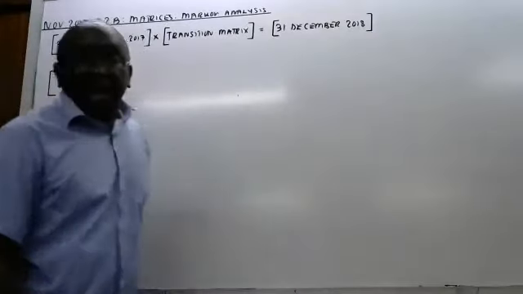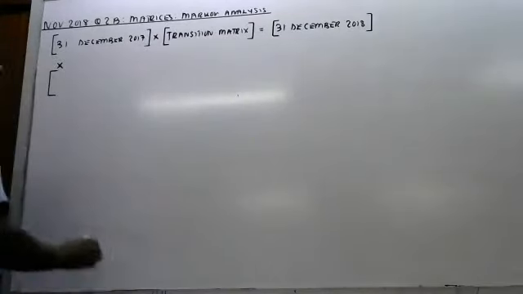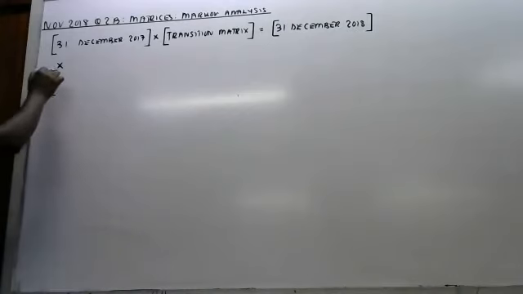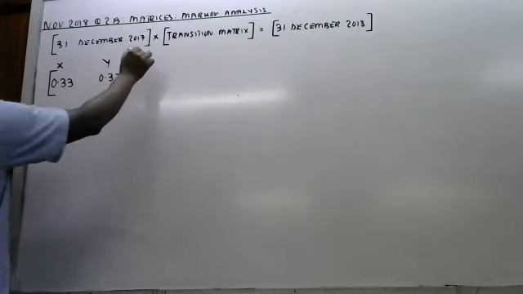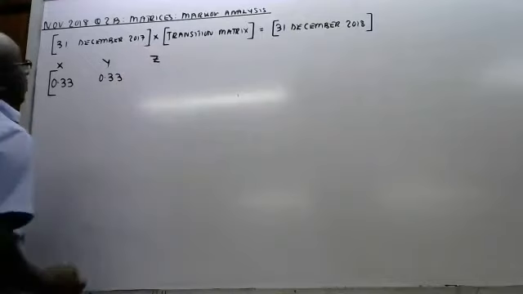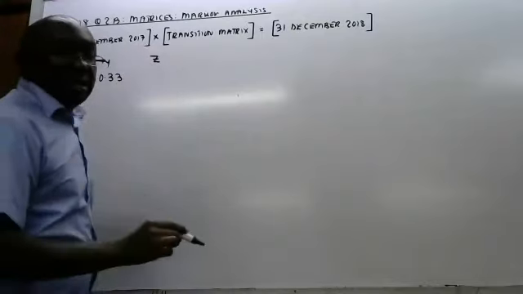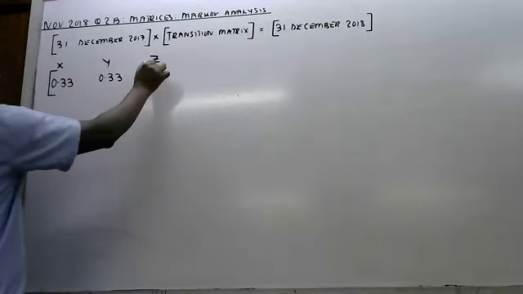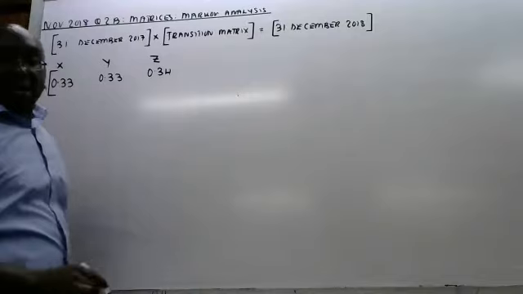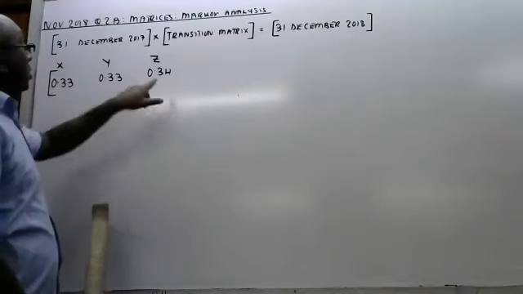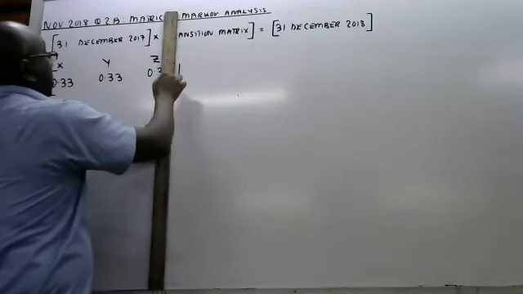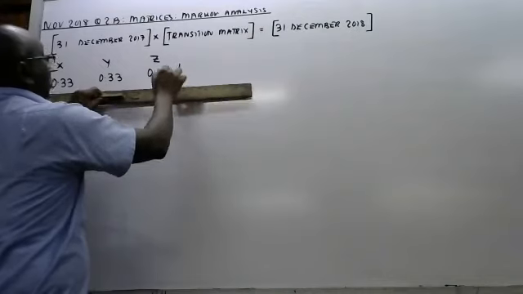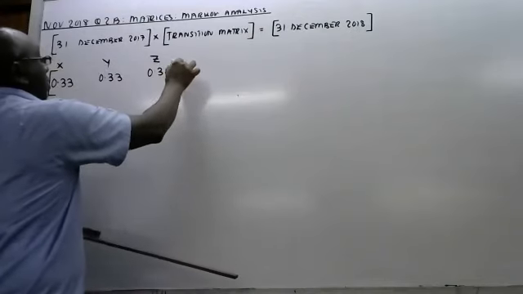Yeah, a third, because the total is 1. If we work with 2 decimals, X must have had 0.33, then Y should have had 0.33, and then Z. For the purposes of ensuring they add to 1, we make this one 0.34, although we have been told it is equal shares.